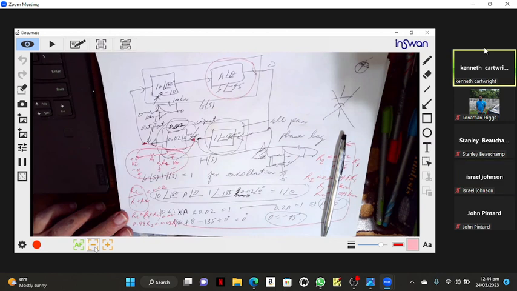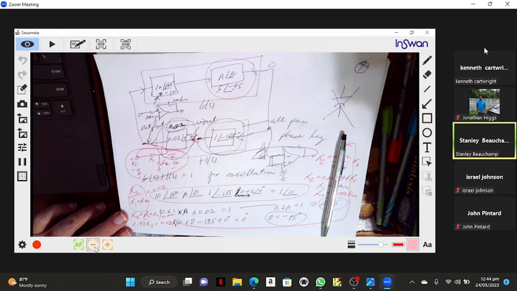What happens to negative 45? Looks like you need a low pass filter for that.